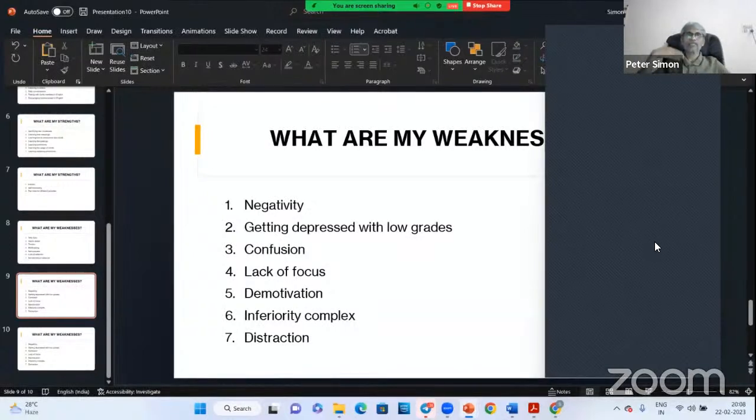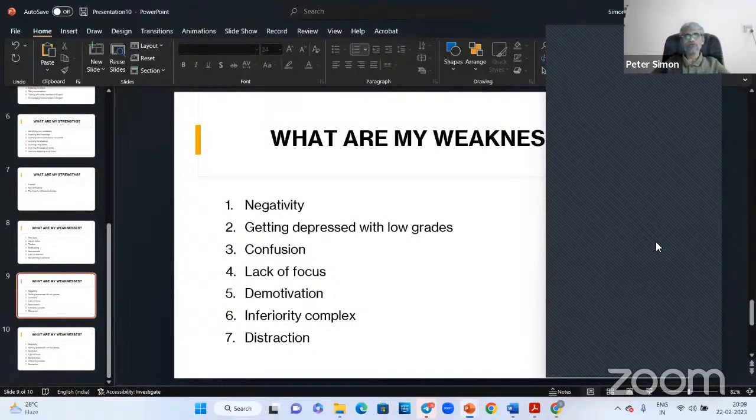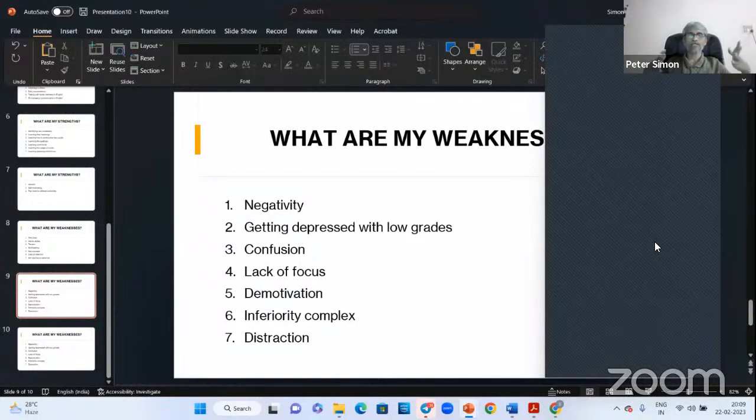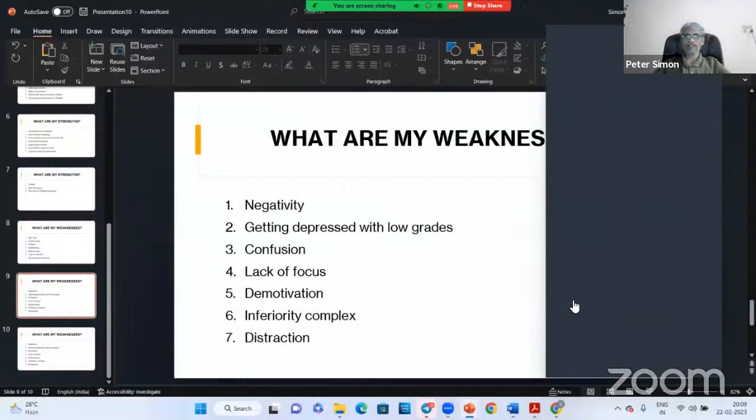So maximizing advantages, strengths, and minimizing weaknesses. If you are negative, then you have to think positive. If you are getting depressed, you have to keep yourself up. If you have confusion, try to clarify your confusion. If you are lacking focus, try to focus, like doing yoga or something before you start. Five minutes, close your eyes and think of your dreams that you are in the UK. It will give you energy.